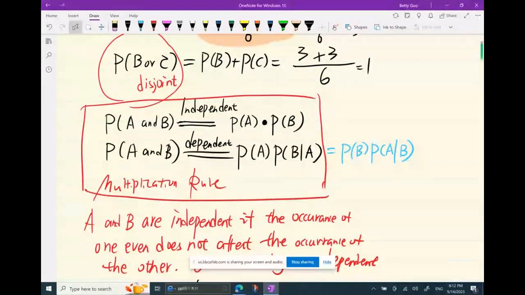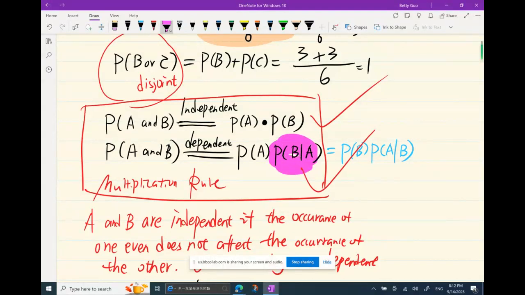Before we compute the value of P of A and B, we need to ask a question: are the two events dependent or independent? If the two events are independent, use the first formula. If the two events are dependent, use the second formula. The second formula involves a conditional probability.